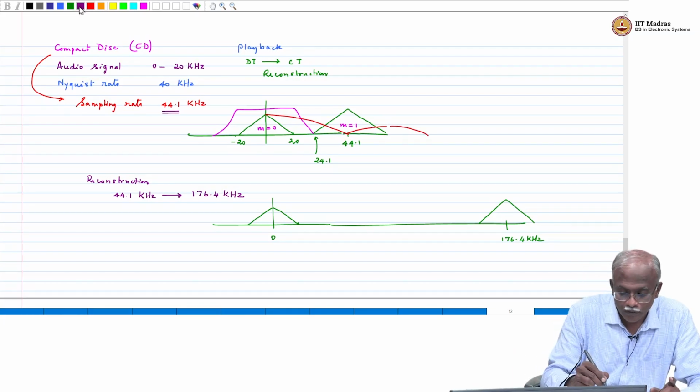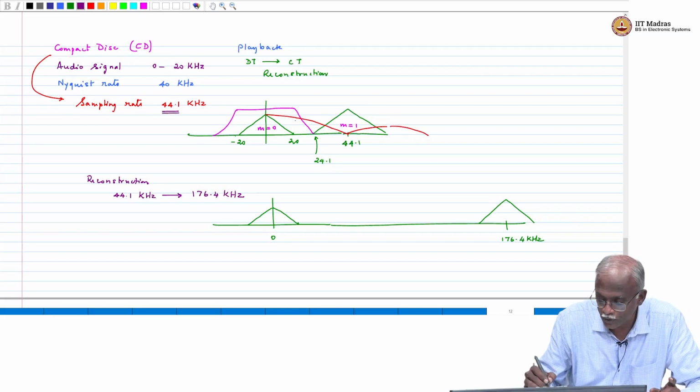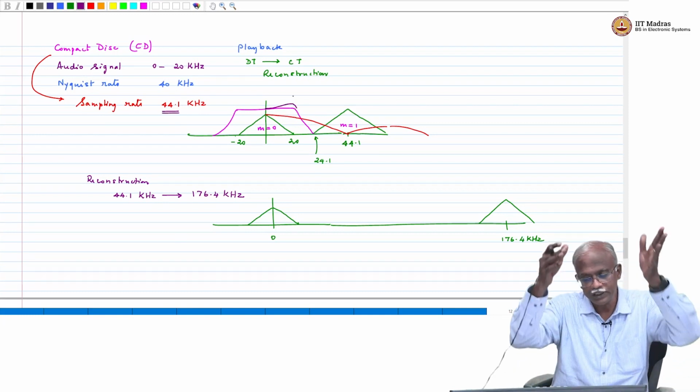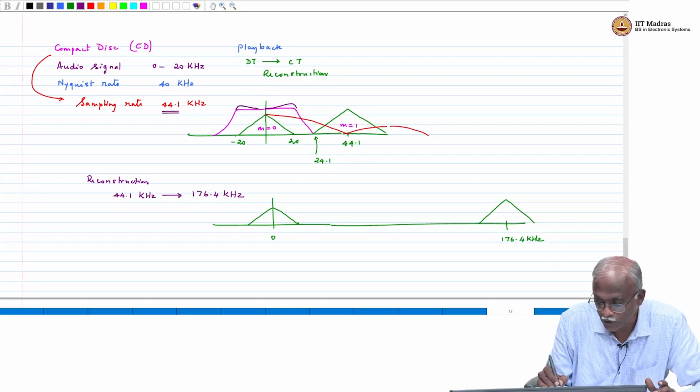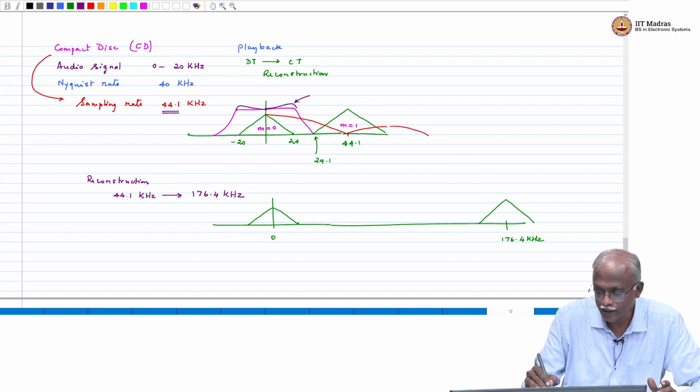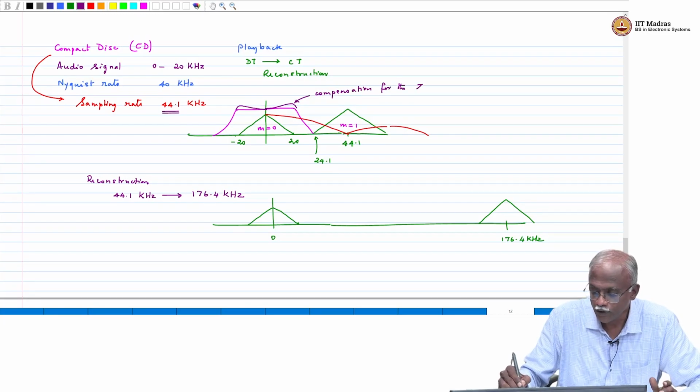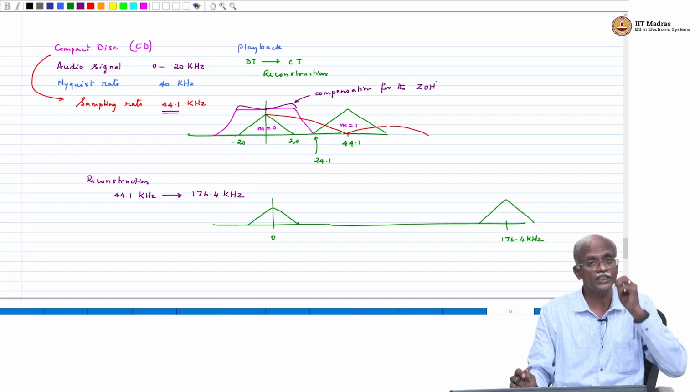So, the filter here has to have some compensation so that you take care of the droop that is introduced by the 0th order hold. So, this is the compensation for the 0th order hold, ZOH.